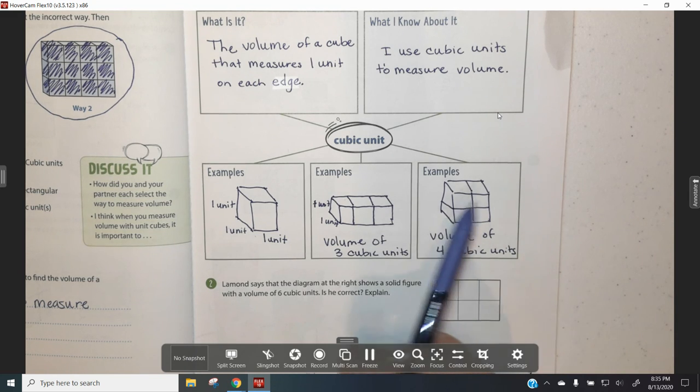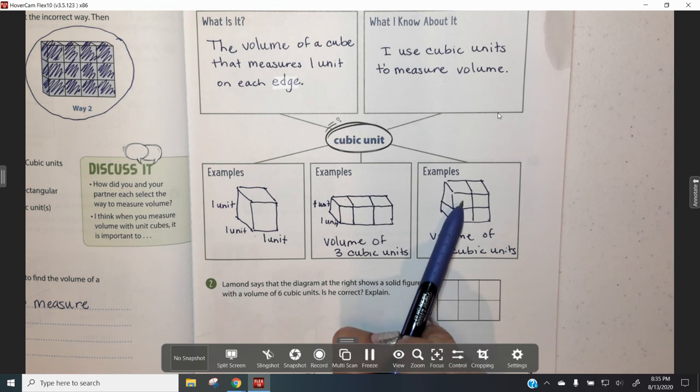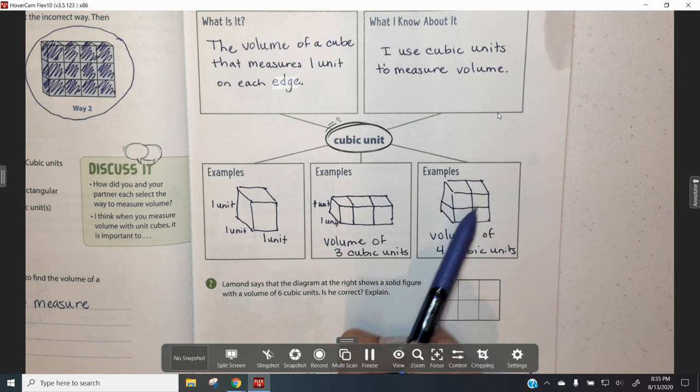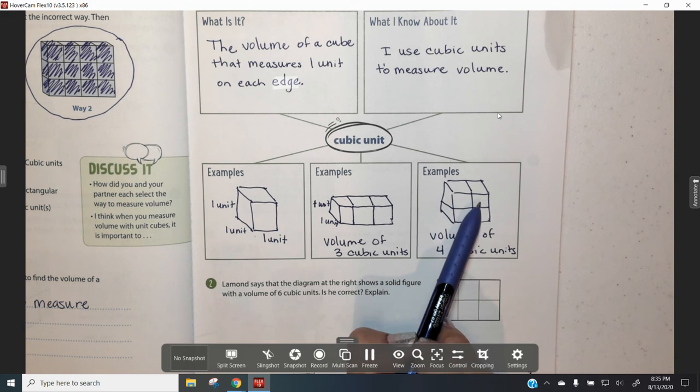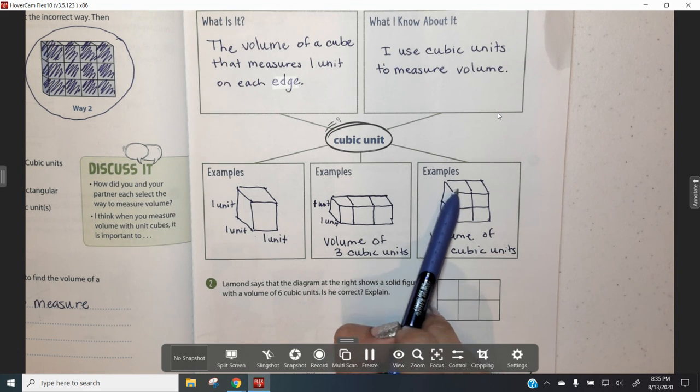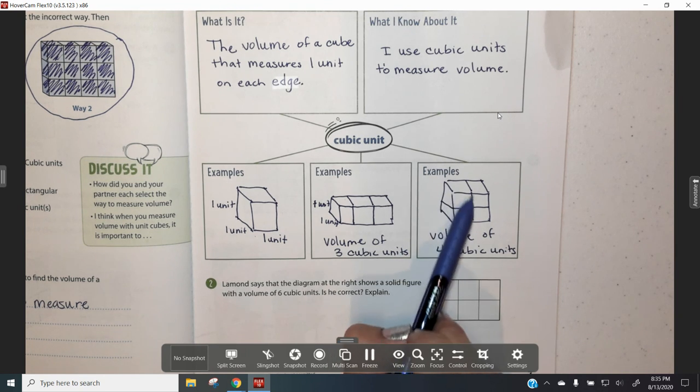A way that you can measure how many units are in that cube would be, in this case, since we only have 1 unit deep, we could count how many faces we see on the front of the unit. Since this side is 1, then we know that it's only 1 layer deep, so we could count 1, 2, 3, 4. We wouldn't need to count these other sides because those are the other sides of this same cube. So this is the front side of this cube, the front, the top, and the side of 1 cube.